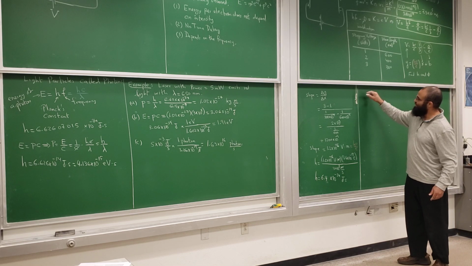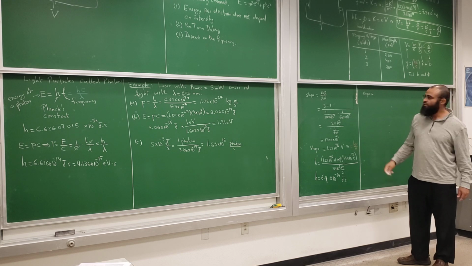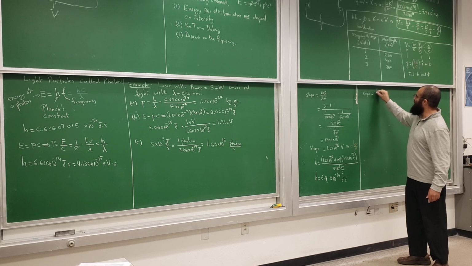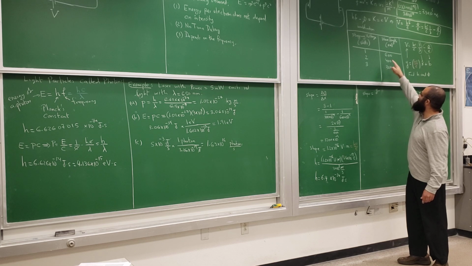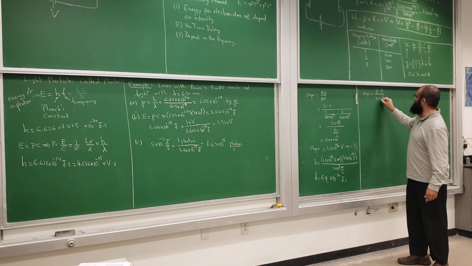Well, we know the slope, you can just use the point slope formula, right? So let's just use the first one: y minus 1 over x minus 1 over 600 nanometers, 600 times 10 to the minus 9, like so.